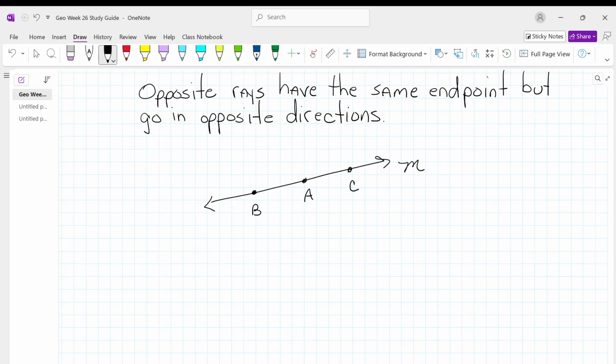We've got a ray that starts at A and goes through C. So we've got ray AC. Starts at A, goes through C. And then we've got another ray that starts at A and goes through B. So we're going to say that ray AC and ray AB are opposite rays.